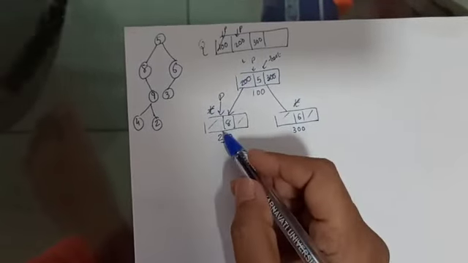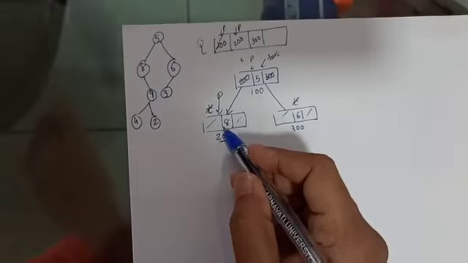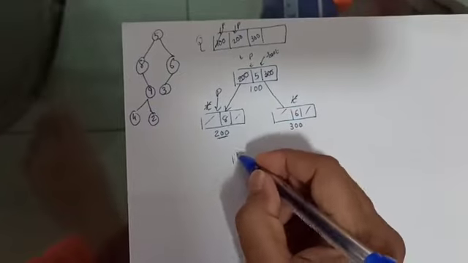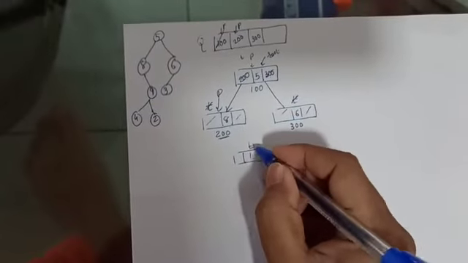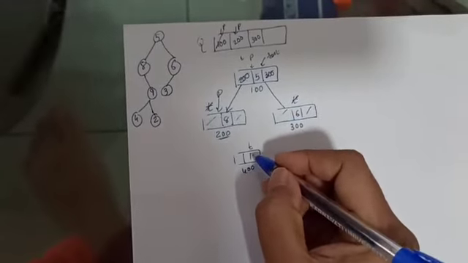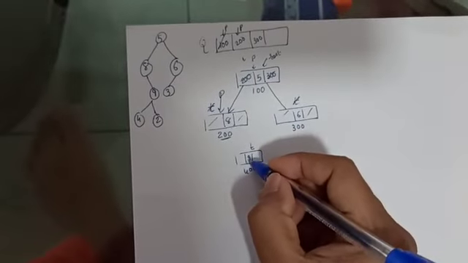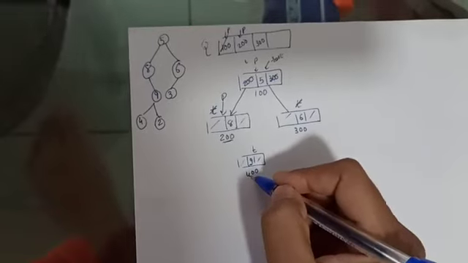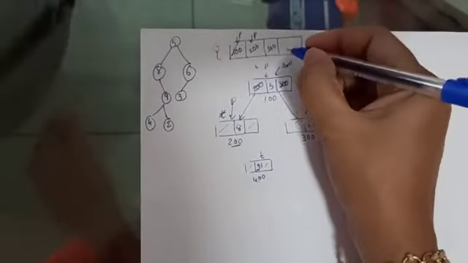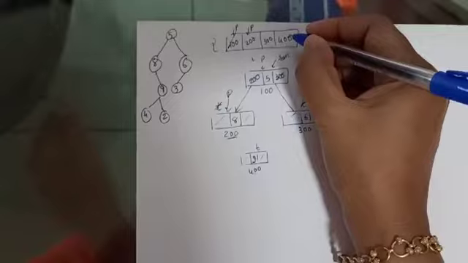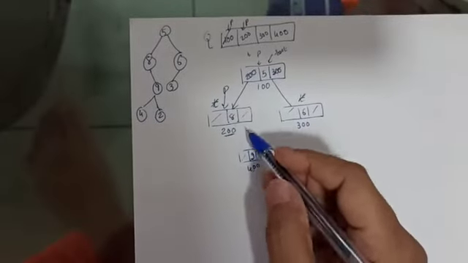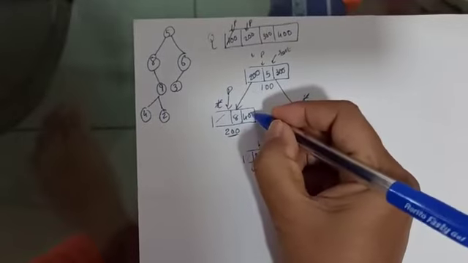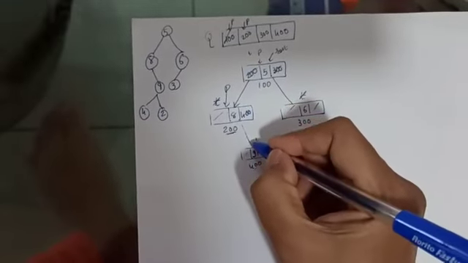Now we will ask whether this node has a right child or not. Yes, this node has a right child. So we take one temporary pointer t, assume its address is 400, insert the data, which is 9, set both links to null, and insert this address 400 into the queue data structure. Now we set this 400 as the right child of p. So now we have created this link.